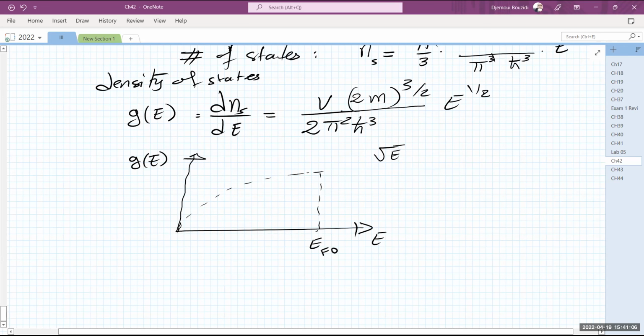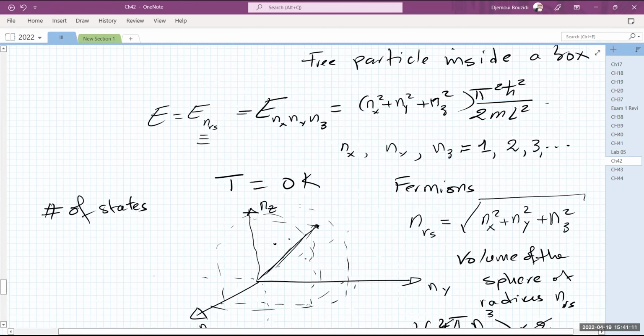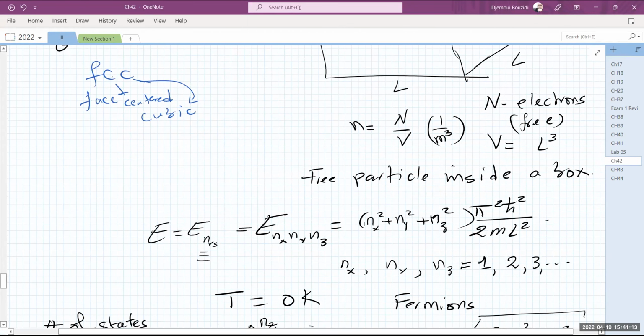Here is a problem, though. I took it from E equal to 0, but in my expression, it cannot have E equal to 0, because all three of these quantum numbers cannot be equal to 0, period. They start from 1, 2, 3, and so on and so forth. But this value here is so small because of an h bar squared. h bar is 10 to the negative 34.